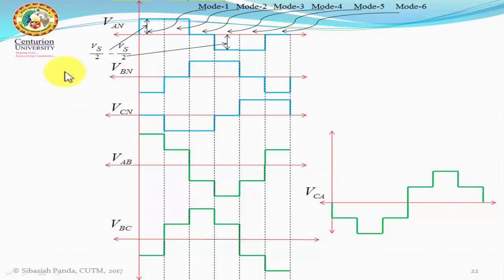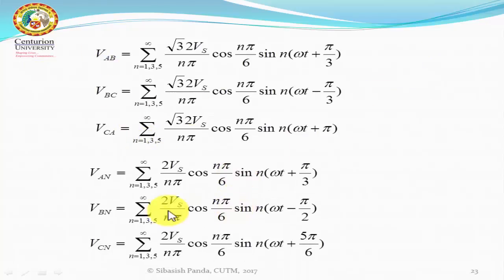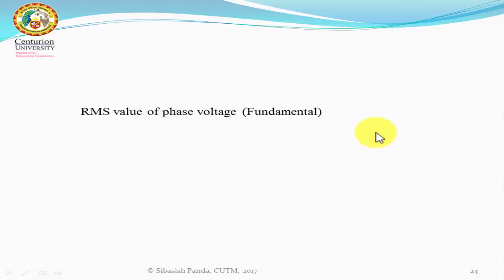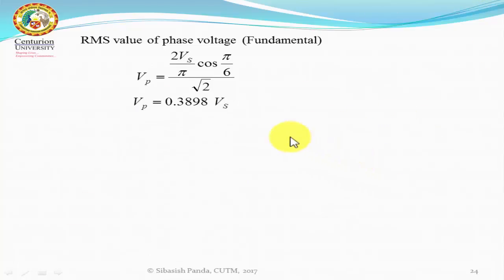Okay. So this is all about the phase and line voltages. We can also do the similar kind of calculation as we have done in the 180-degree mode. This is the Fourier expression for the line voltages and this is for the phase voltages. From there we can find the fundamental component of line voltage and phase voltage as well.